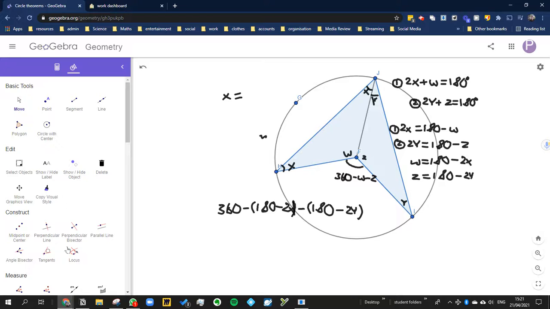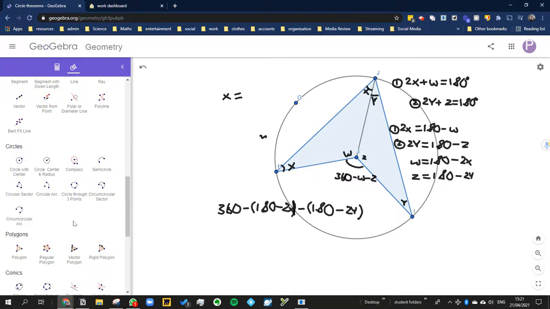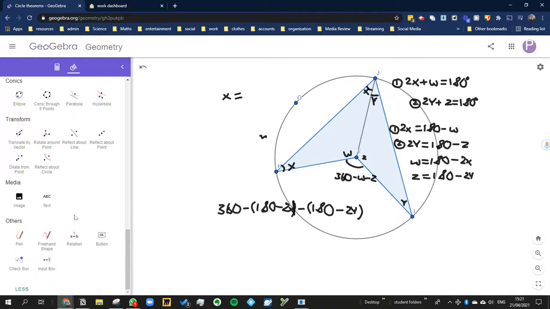So let's just do the rest of the stages there. If I can find the pen, there it is. So expand out the brackets. We've got 360 minus 180 minus 180, and this is going to be plus because the two minuses cancel out, so plus 2x.